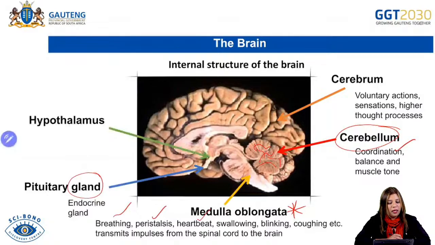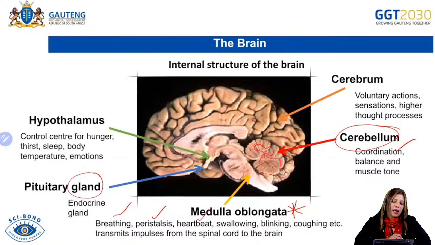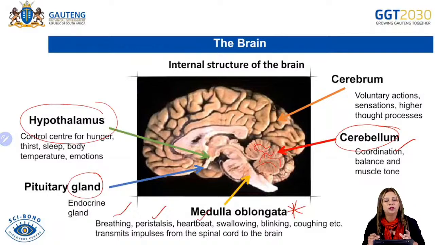And then we have the hypothalamus, okay? And the function of the hypothalamus, you know, when you're feeling hungry, or thirsty, or tired, this is the part of the brain that is responsible for that. So how will you remember it? H for hunger, isn't it? So try and remember that. H for hunger, this is the part that coordinates hunger and thirst and all of those things.